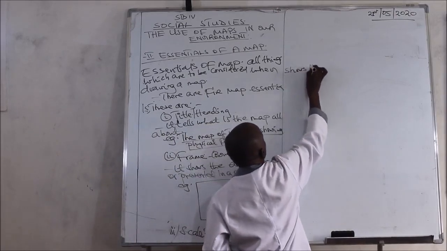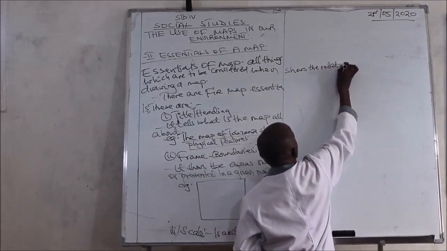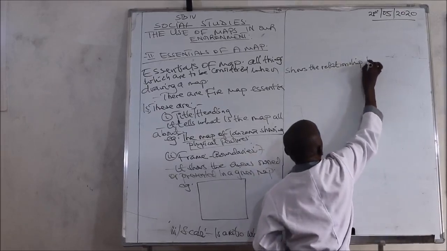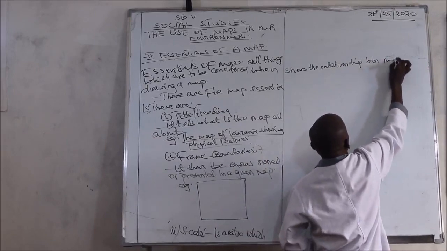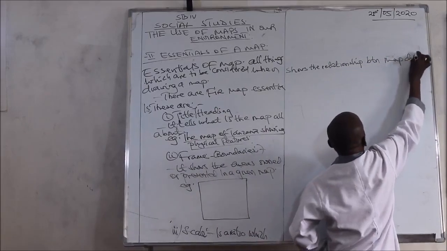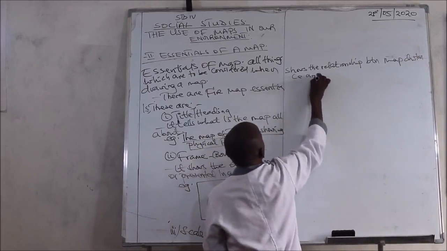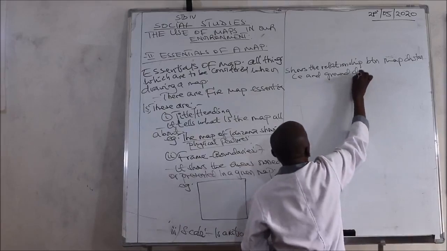the relationship between map distance and ground distance.